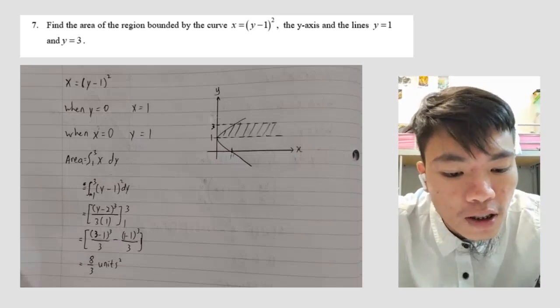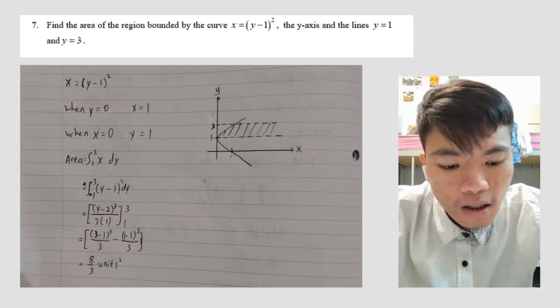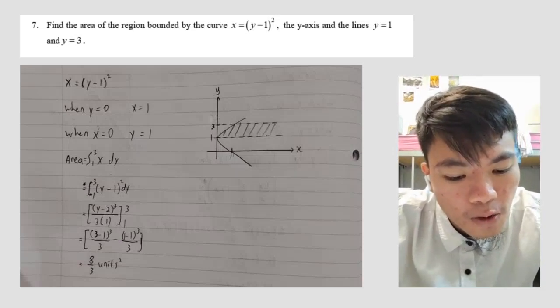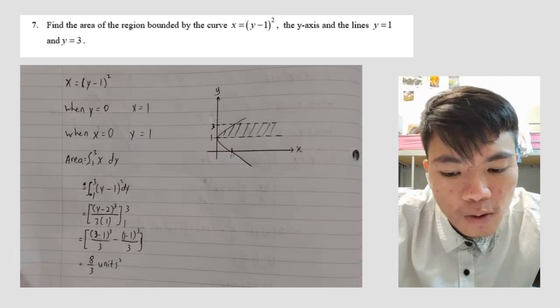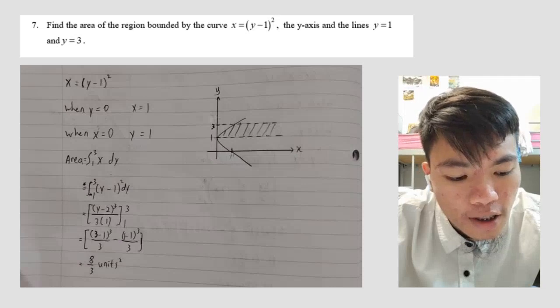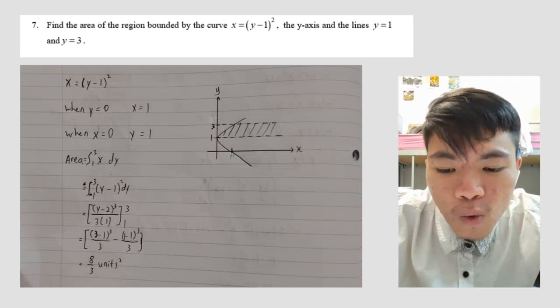Then we plot the graph, and the area equals the integration of x dy from 1 to 3. We change the value of x into (y minus 1) squared dy.